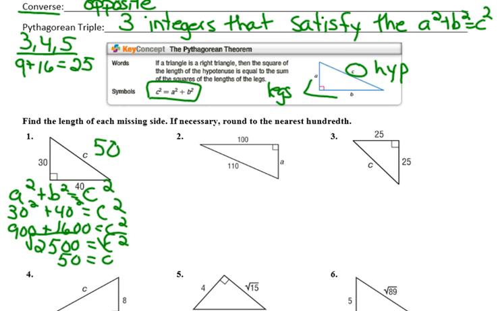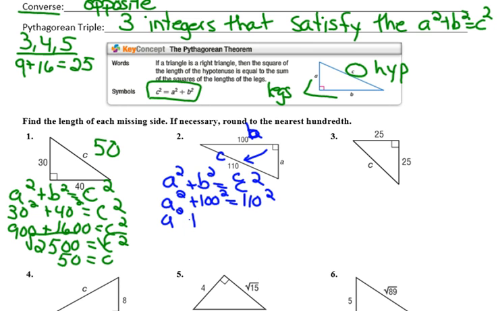Okay. Over here, this time we're looking for A. So this is your hypotenuse. You have to be able to pick it out. It has to be across from the right angle, because C is the one that matters in this formula. So this is your C. A was already labeled, and that's B. So we have A squared plus 100 squared equals 110 squared. 100 squared is 10,000. 110 squared is 12,100.